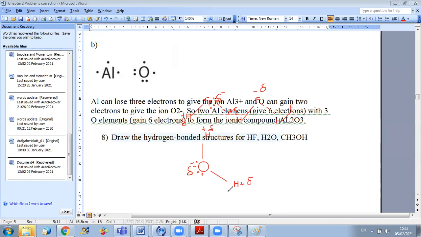So now what can happen is that this element O can connect with another H from another water molecule, and it will be a hydrogen bond, since O is one of the highly electronegative atoms. So I put it like this. This is H, so it will connect with the positive dipole of a hydrogen of another water molecule.